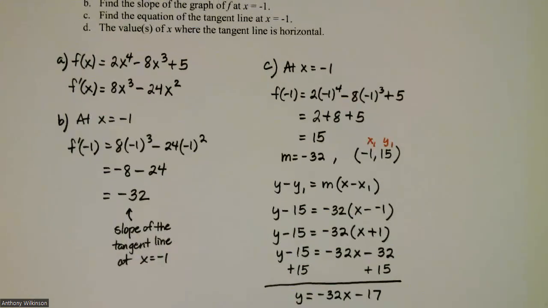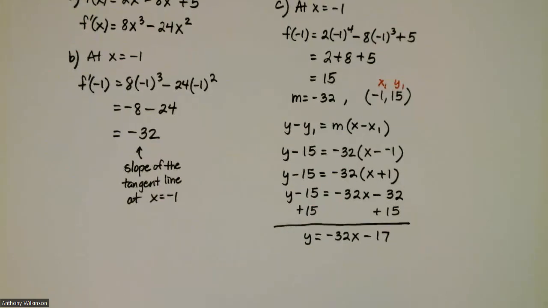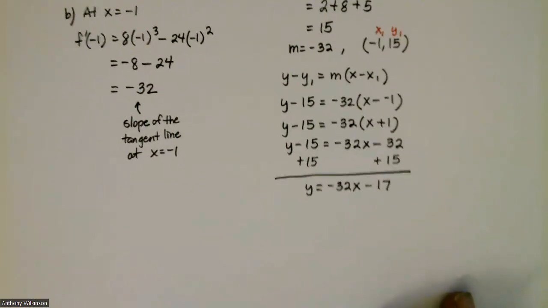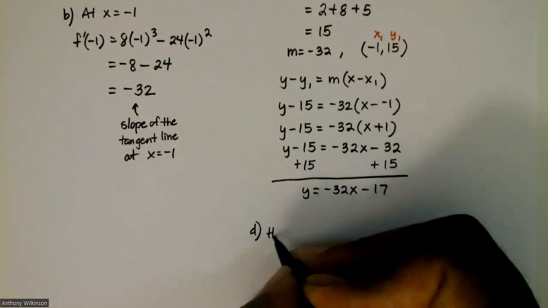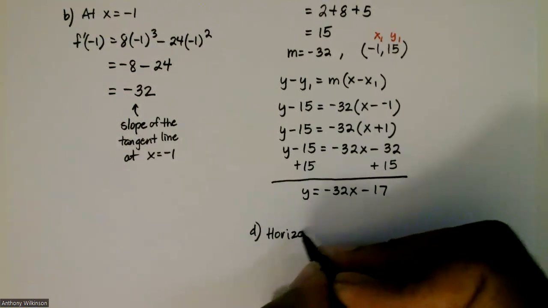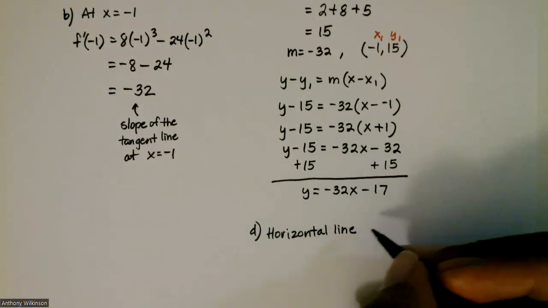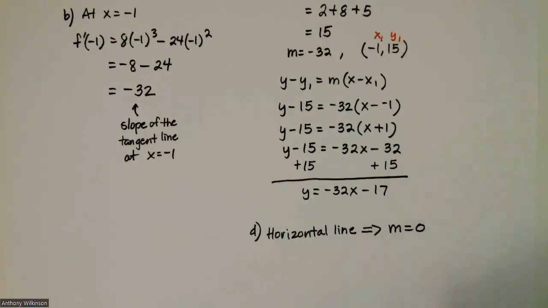And then finally, part D, we want the values of x where the tangent line is horizontal. So here we're looking for a horizontal line. And if you recall, when you have a horizontal line, that means that your slope will be 0.